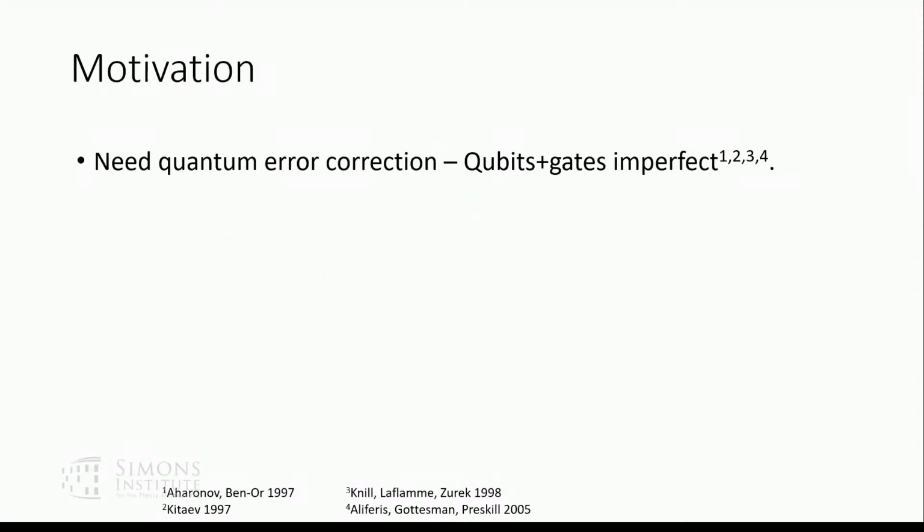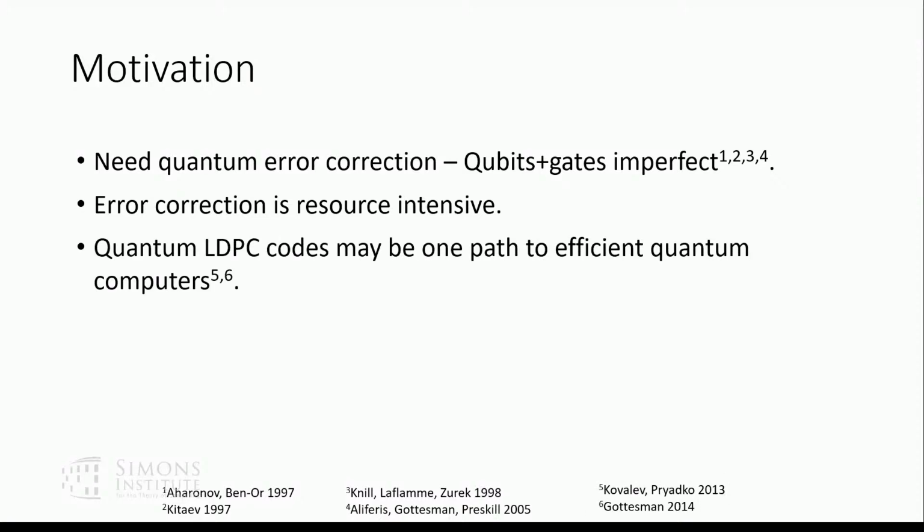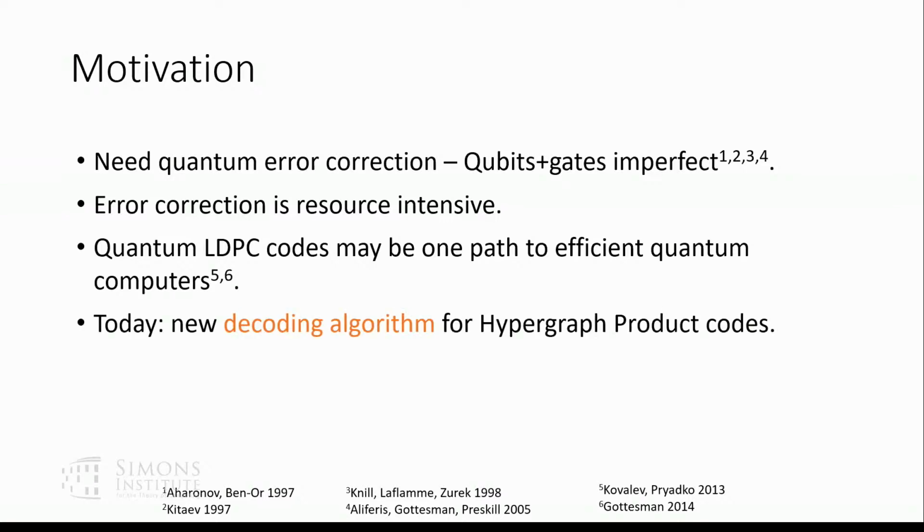I suppose I don't really need to motivate quantum error correction codes, but we want to correct errors in quantum computations. And one way that seems like a good way to do it is using LDPC codes because they're very local. So today I'm going to show a new decoding algorithm for the hypergraph product code.